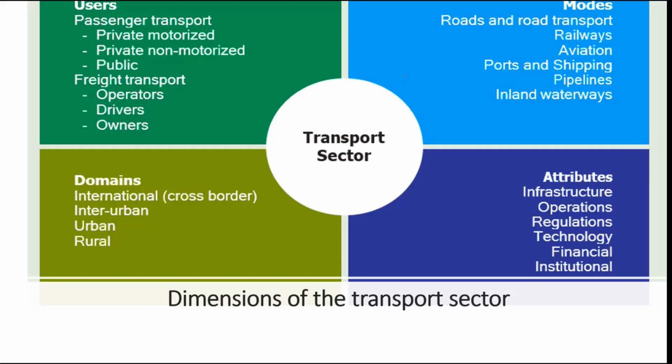So if you try to understand who the users are, what the modes are, what the attributes are, and what the domains are, those are the important dimensions of the transportation sector.